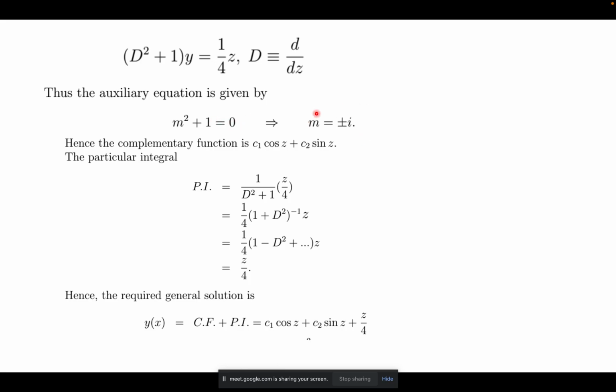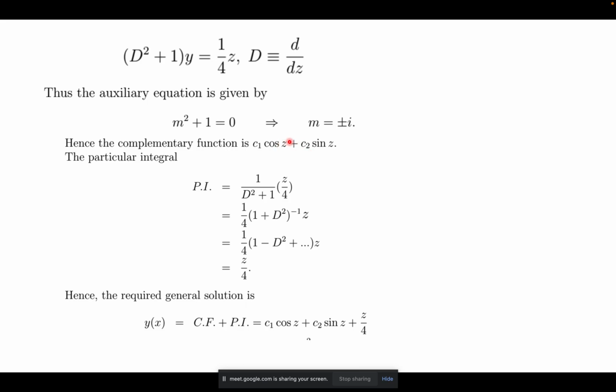From there you again have two complex roots. When you have complex roots, the complementary function can be written as c1 cos z plus c2 sin z, because the complex part is 1. It is in z because the right hand side function is dependent on z, not on x. You need to be careful while solving such a problem.